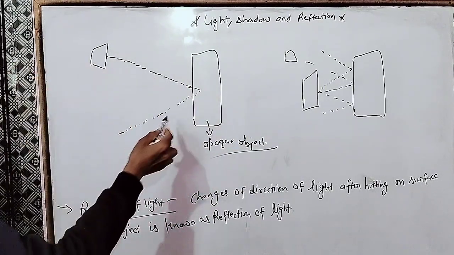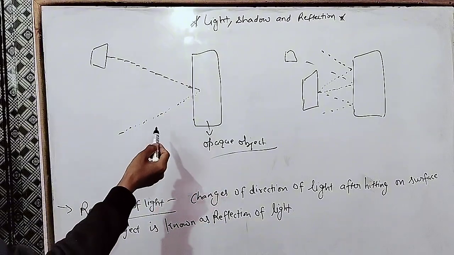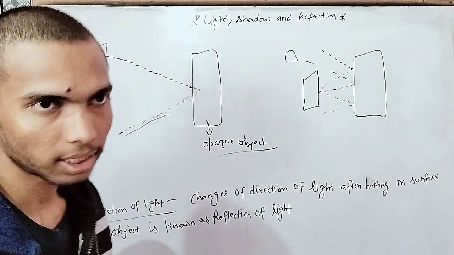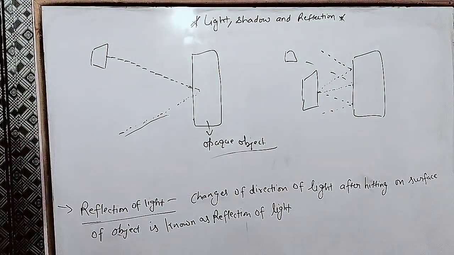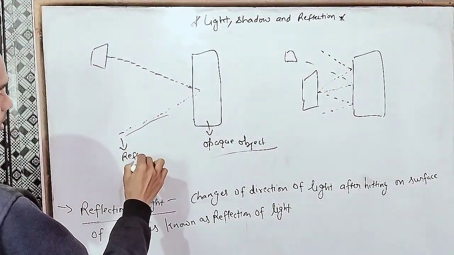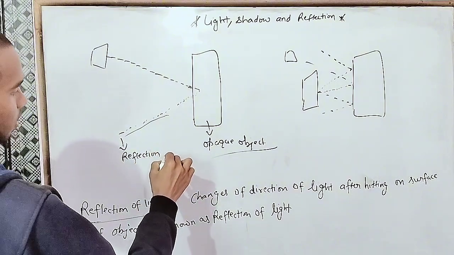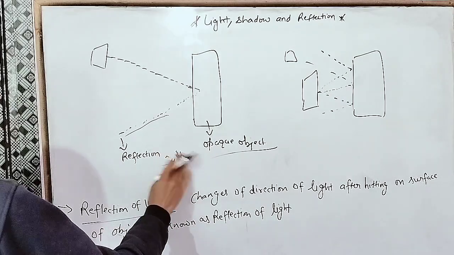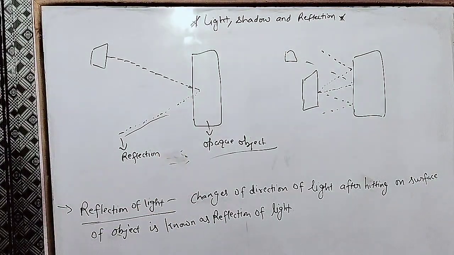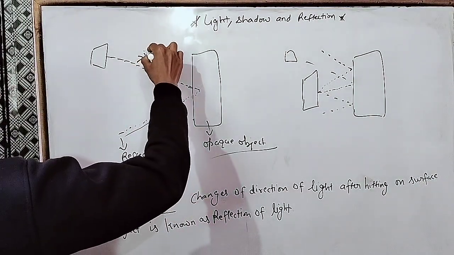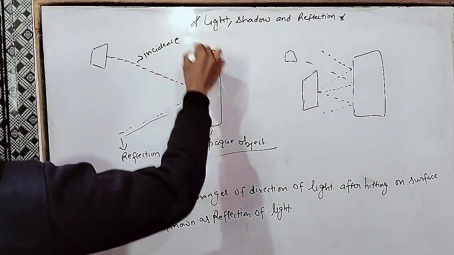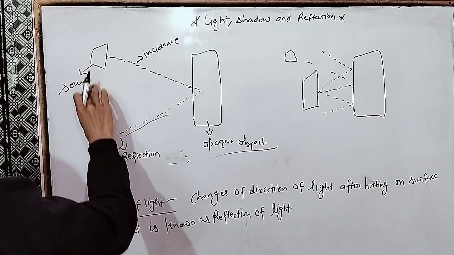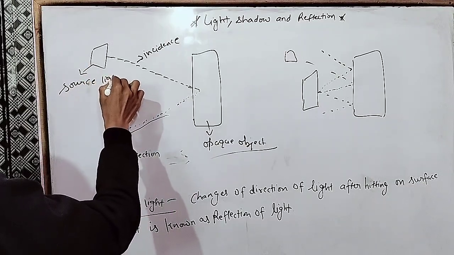After hitting the surface, we look at the change of direction of light. This changed direction of light will be named the reflected light, a reflection of light. And this is known as incidence. And this is above the object, and this is the source light.